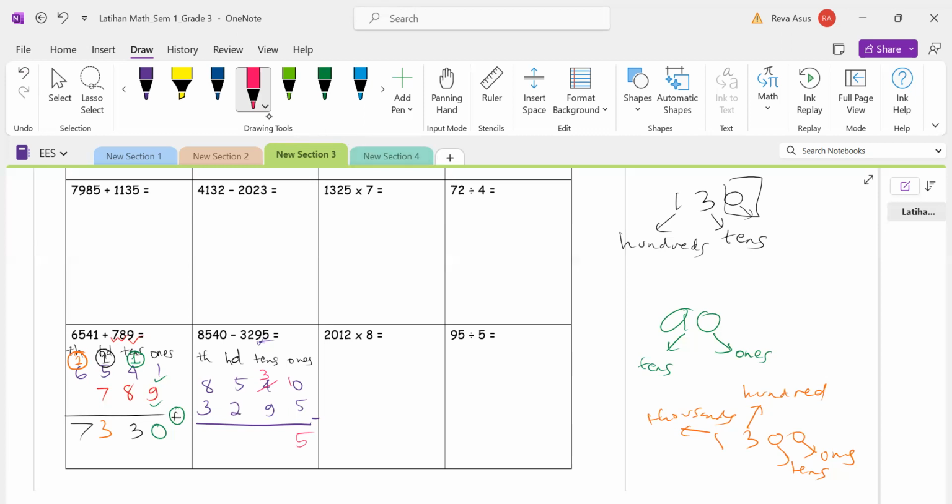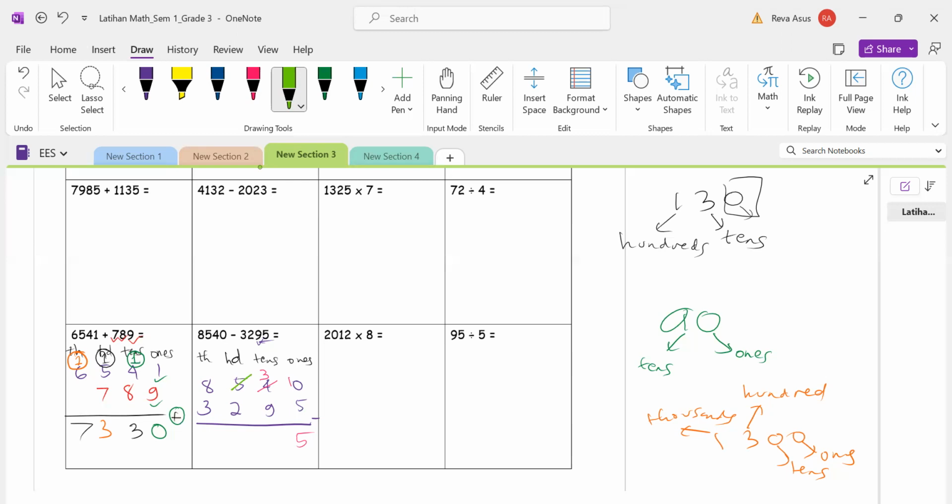And then let's take a look at tens. We have 3 tens. If we want to remove 9, it cannot because we only have 3. So we need to get more in tens by getting it from hundreds. We have 500 here.